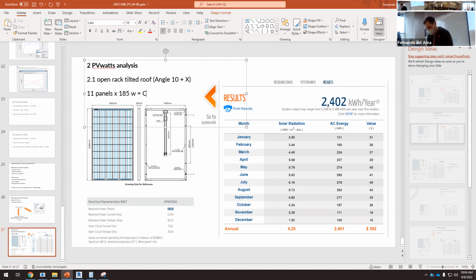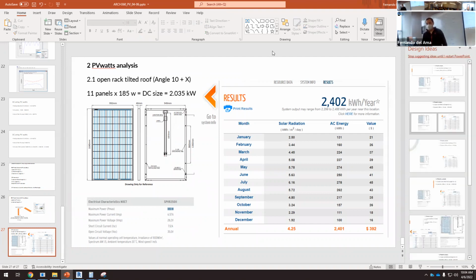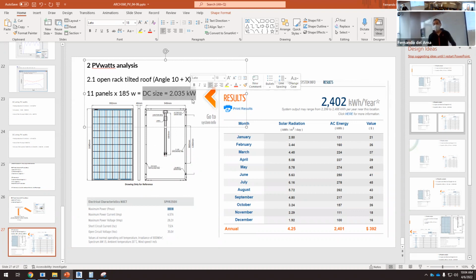So the DC size was 2.035 kilowatts. Okay, so you have to give me this information, because otherwise I don't know if it's right or wrong. Okay, so this is the output in PV watts. Yeah, I can trust you, but you have to give me how many panels you have placed, and what panel you have chosen, and the DC size that you have selected in PV watts.